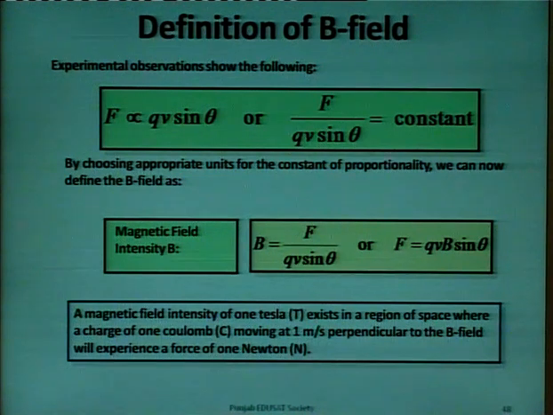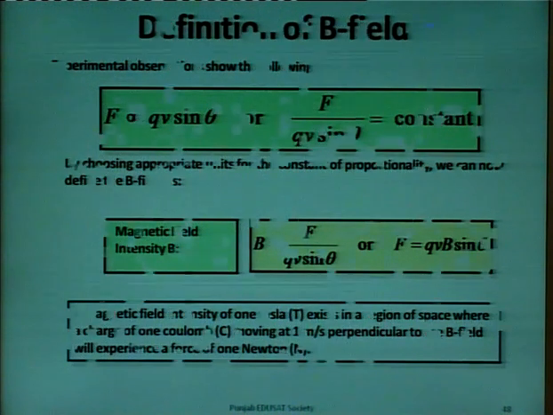A magnetic field intensity of 1 Tesla exists in the region of space where a charge of 1 coulomb moving at 1 meter per second perpendicular to the B field will experience a force of 1 Newton.